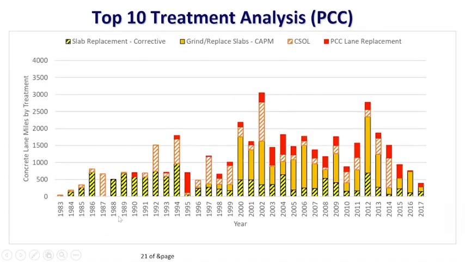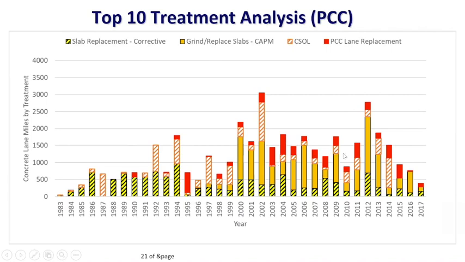Let's see PCC. For PCC at the beginning, you really don't have too much to do. Slab replacement, that's the collective. Most of the time, that's what we do. Only in the later years, starting maybe from the year 2000, we start to pour money into grinding and PCC lane replacement. You see the red.